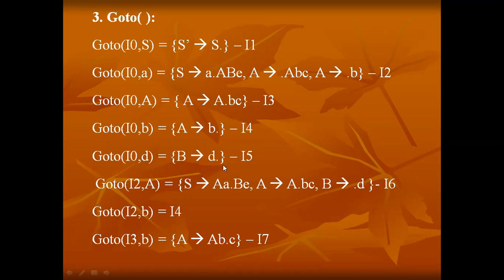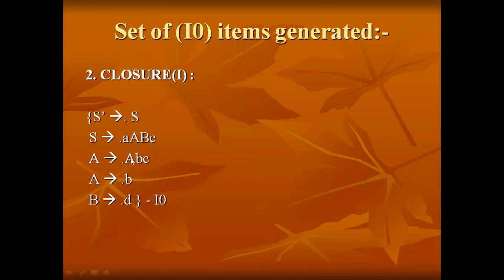What it means is, whatever rules we have in the given grammar, here we have 5 rules: 1, 2, 3, 4, 5. After going through the go to function computation, we completed the processing of each and every production rule. How do we know that?